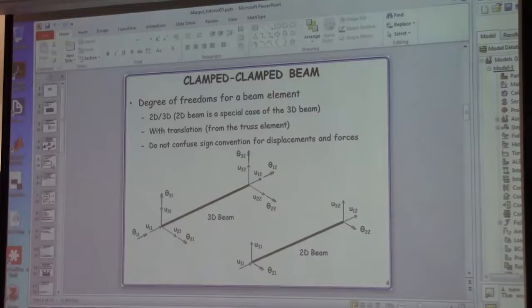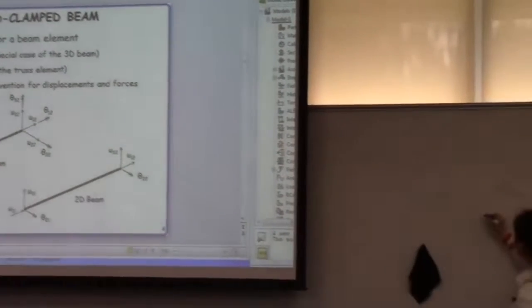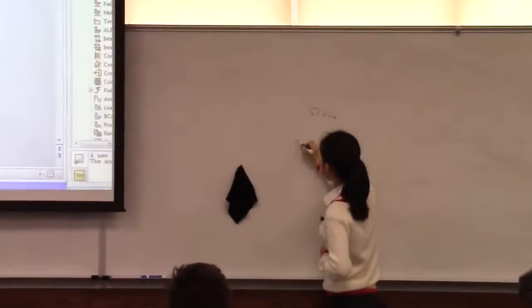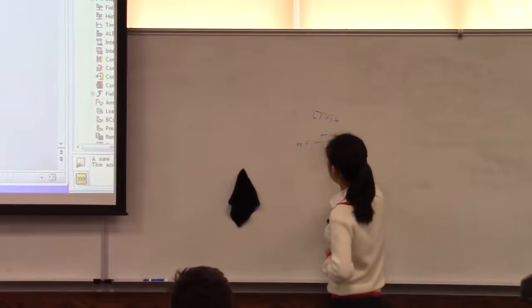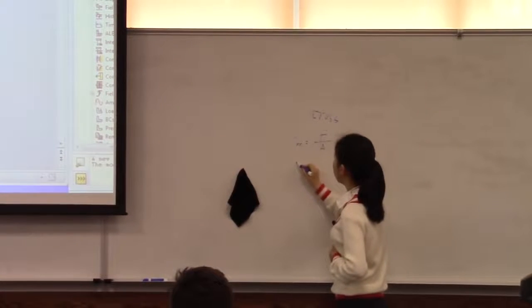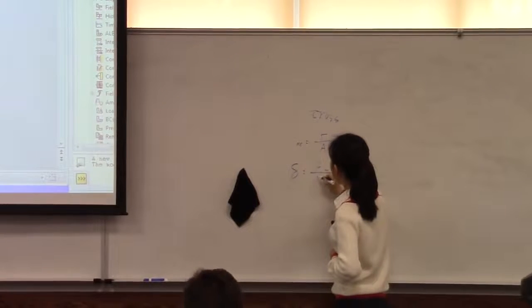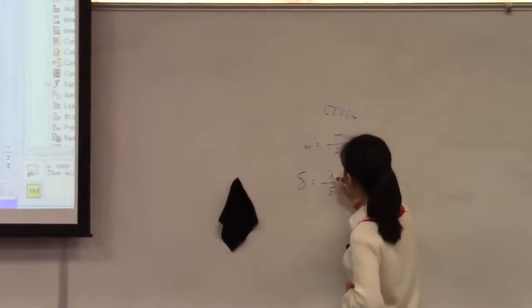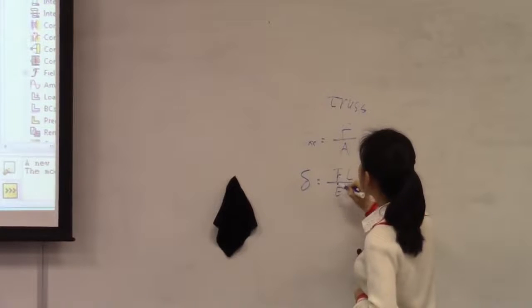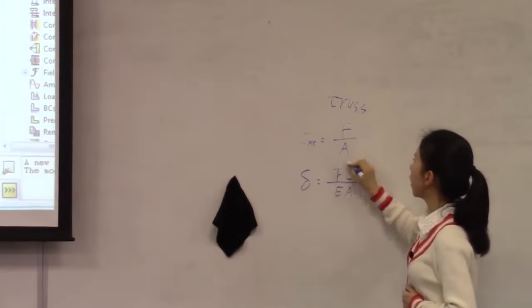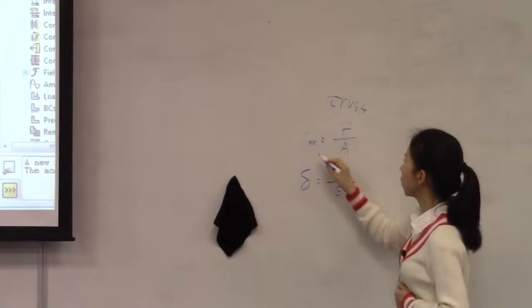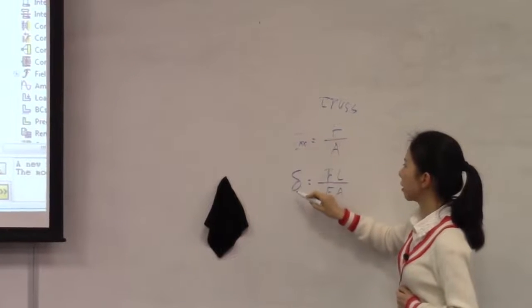So when we calculate the truss problem, sigma xx is F over A, right? And as I said last time, for the truss problem, as long as I know the cross-section area, I can calculate the sigma xx and elongation.